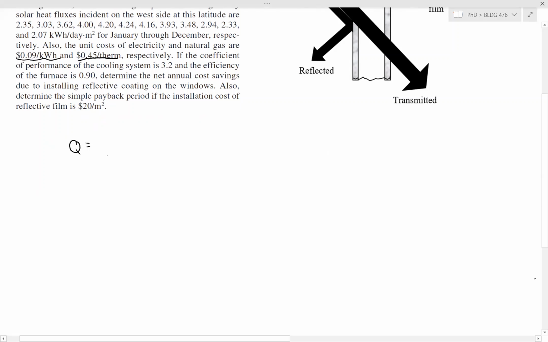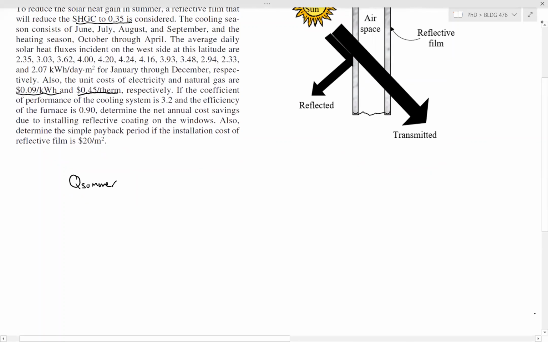But basically, this is our summer. We were given the months of our summer. And I should say per day, the average daily. So these are all our solar heat gains per day. And we are told that the cooling season is June, July, August, and September.